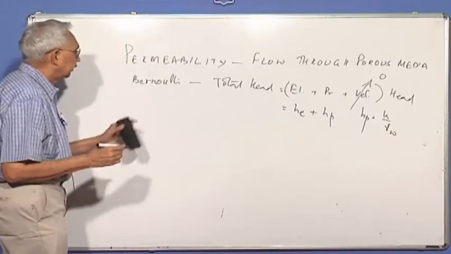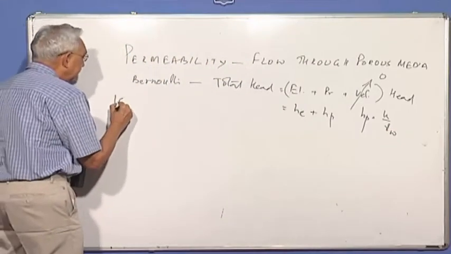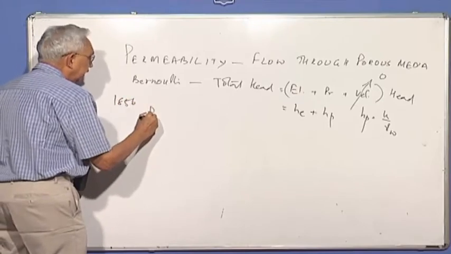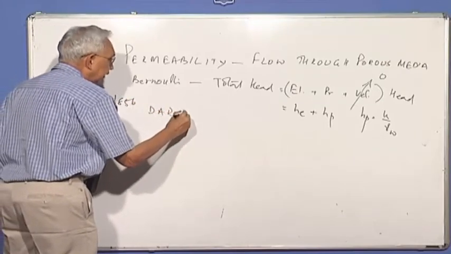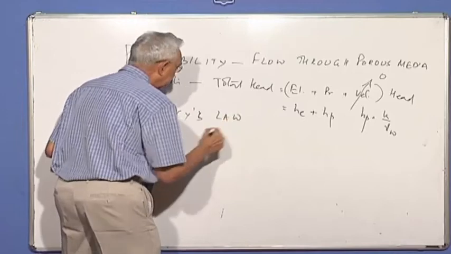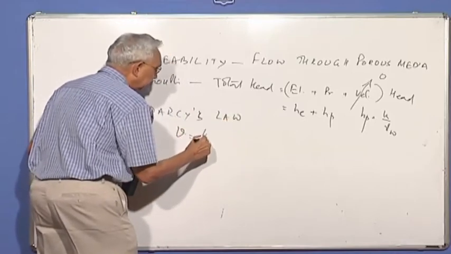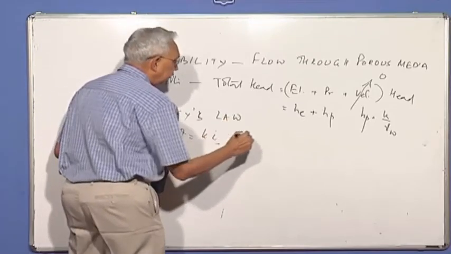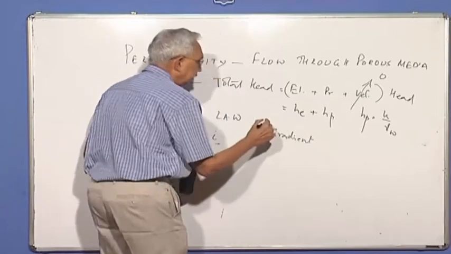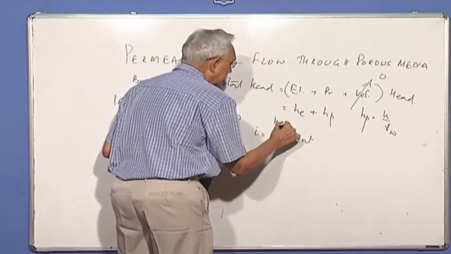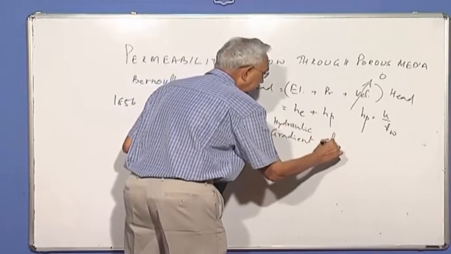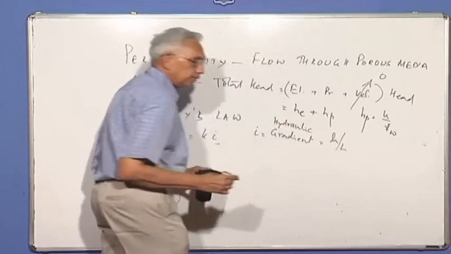Based on the total head, way back in 1856, Darcy gave a famous law which says velocity is proportional to the gradient, where, let me specify, hydraulic gradient is loss in head by the distance traveled.